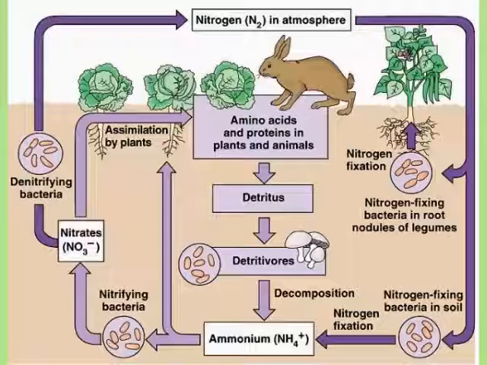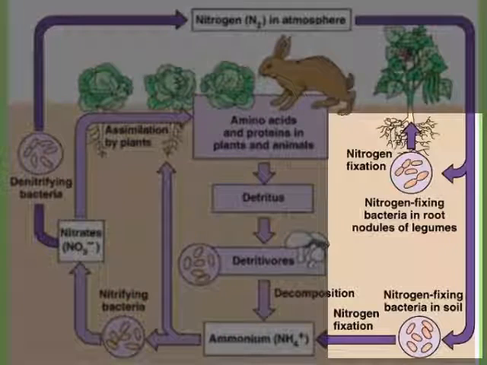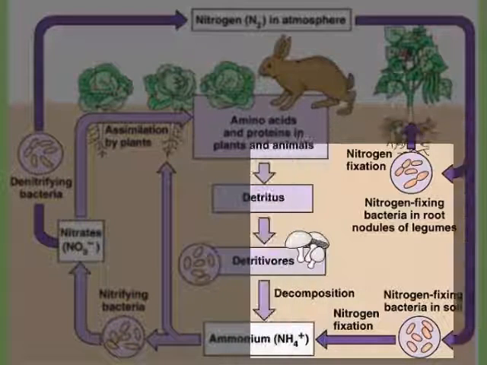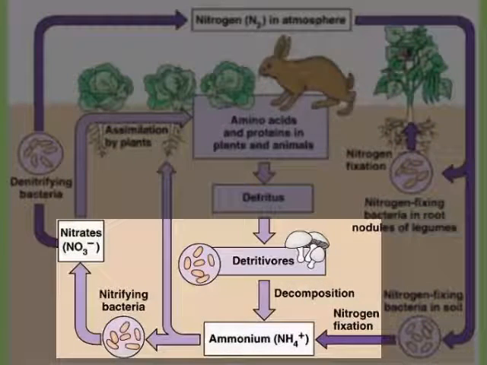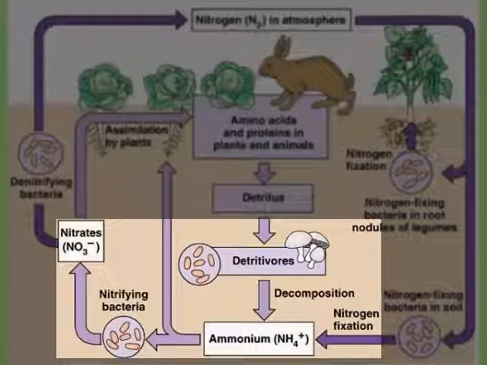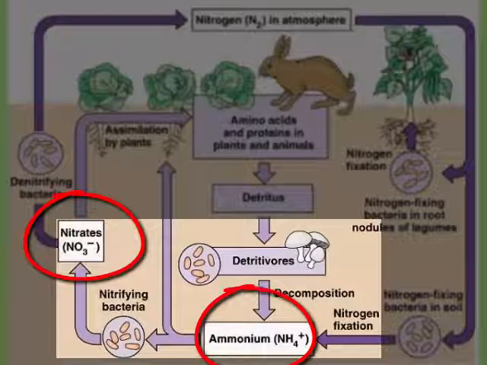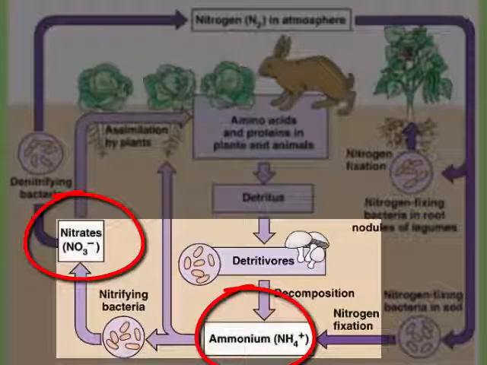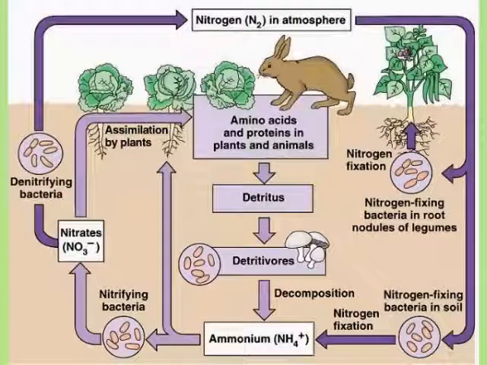So when we say that they're fixing nitrogen, it means that they're taking free nitrogen from the air and they're turning it into compounds like nitrates, which are nitrogen and oxygen compounds. Plants can use those. And same with urea and ammonia. Like those are fixed nitrogens. Those are things that can be used by plants.